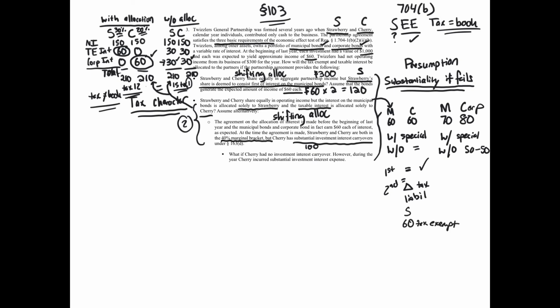And remember, the net income is equal, so we can hold that constant. Cherry has 60 of corporate interest, which is taxable, minus the 100 of carryovers. So we're going to just go ahead and take 60 of that. We have 40 carryover going forward.